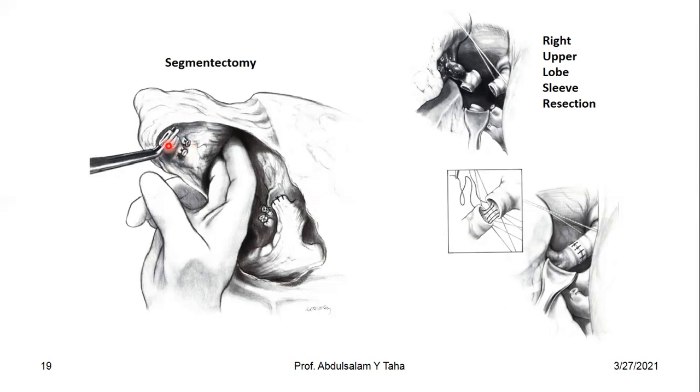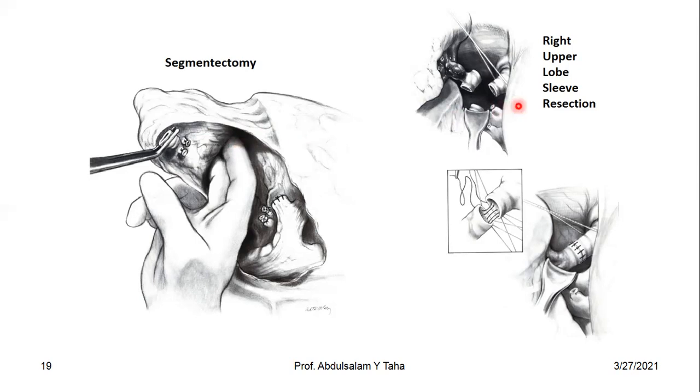So here, the segmental bronchus has been clamped and divided. The segmental arteries have been ligated and divided, and now the surgeon is separating the diseased segment from the healthy segment by going through the intersegmental plane of cleavage.